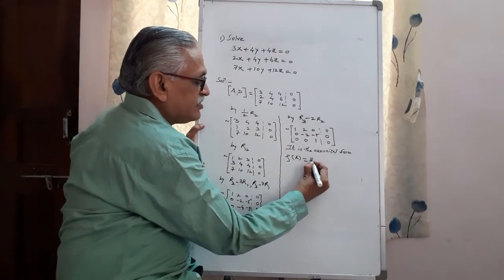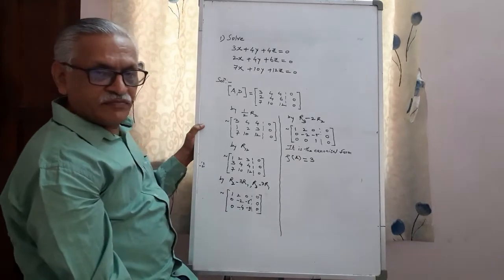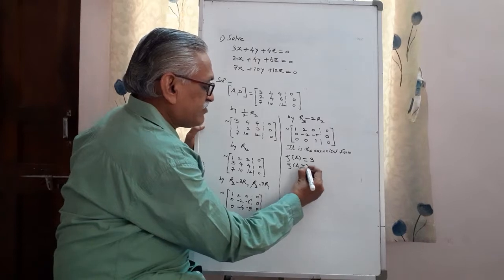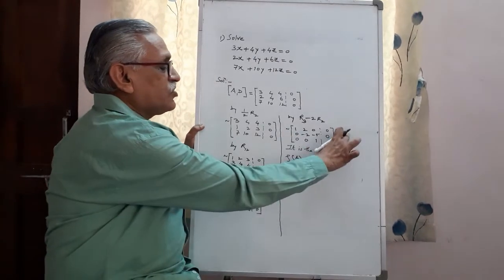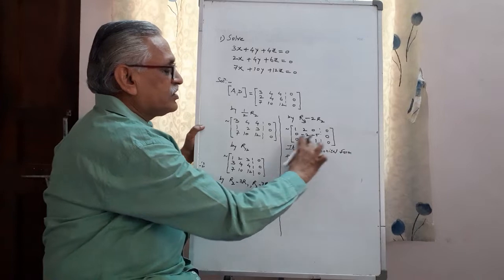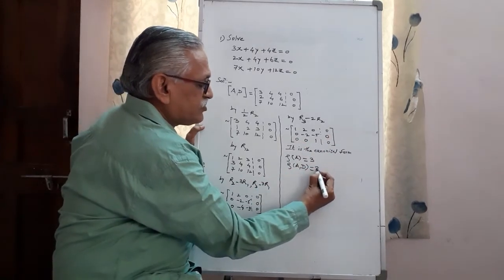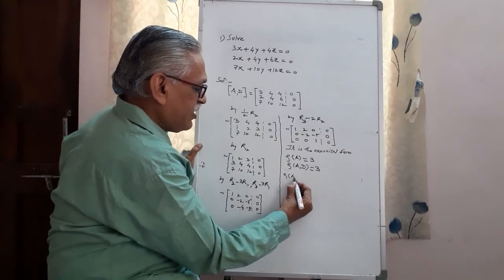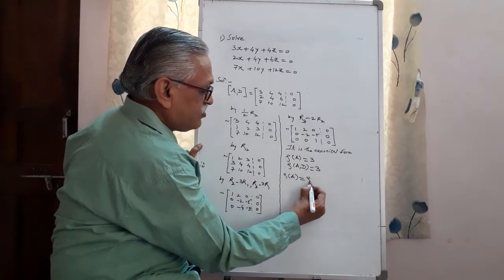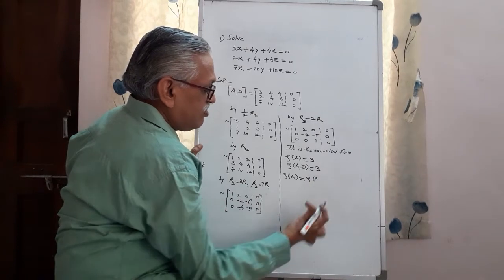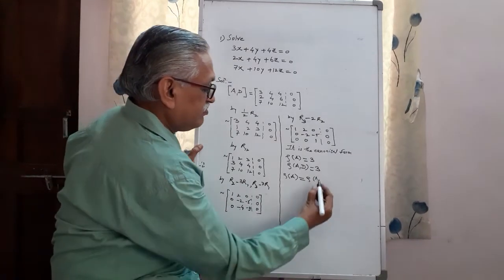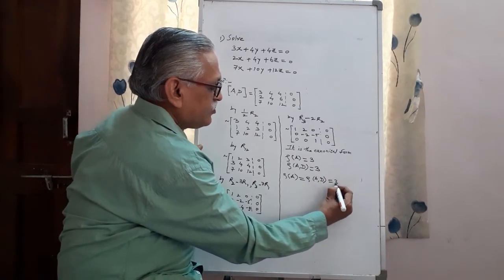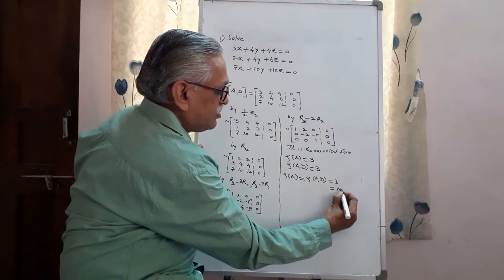Therefore, rank is the number of non-zero rows, 3. Rank of augmented matrix: first row is non-zero, second is also non-zero, third is also non-zero. Therefore, here also rank is 3. Here, rank of A is equal to rank of augmented matrix equal to 3, and that is equal to the number of unknowns.